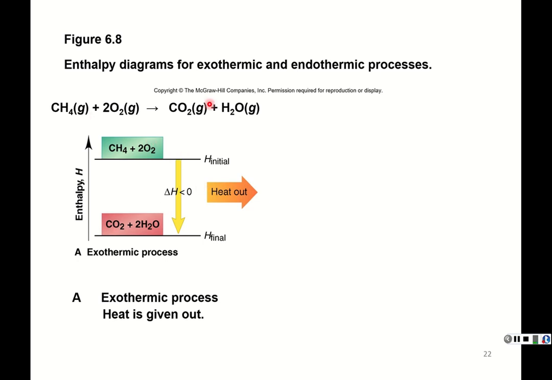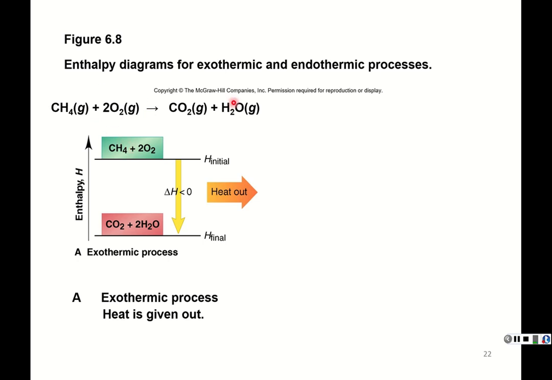So the overall change in enthalpy of this reaction is going to be negative. It's going to be less than 0. That means heat is going to be released from this process, and it's an exothermic process. It's giving out heat.